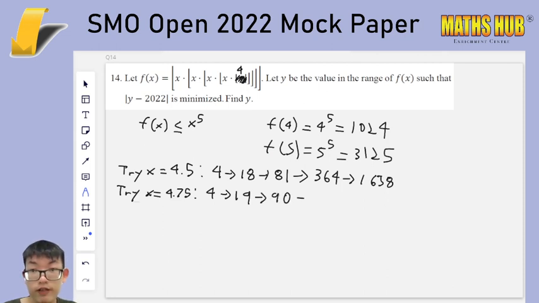So that becomes 90. 90 multiplied by 4.75 gives you 427.5. 427 times this would give you 2028.25. So you get something that is remarkably close.